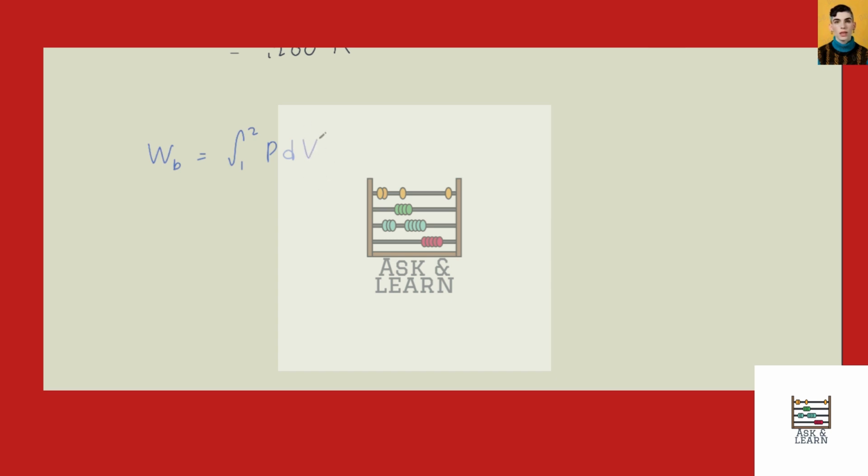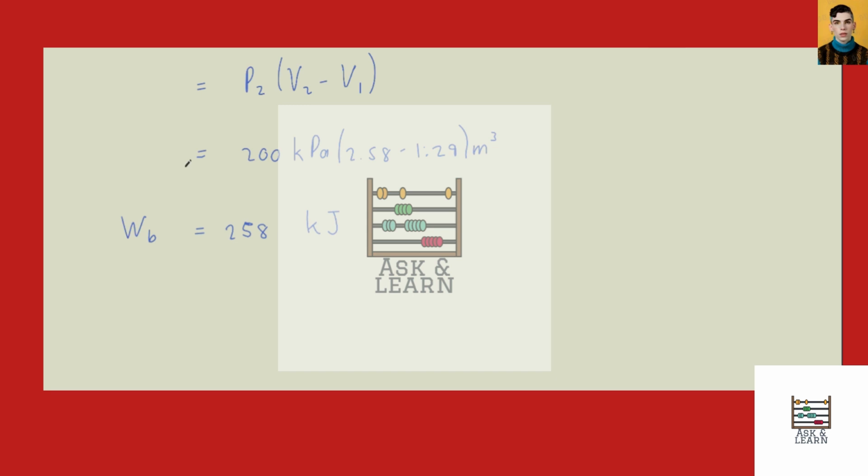And this is simply P2 into V2 minus V1. So we can substitute our values in here. P2 is 200 kilopascals, and the change in volume is 2.58 minus 1.29 cubic meters. So hence we get the boundary work done to be 258 kilojoules.